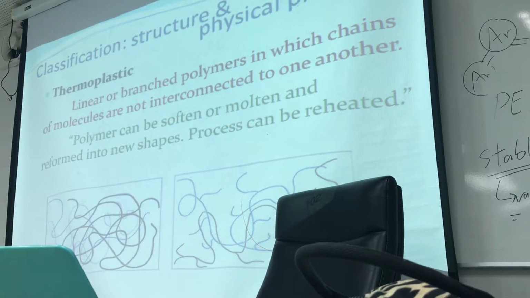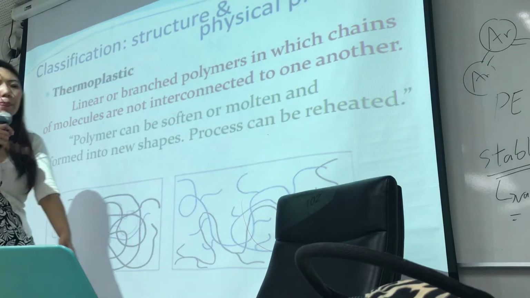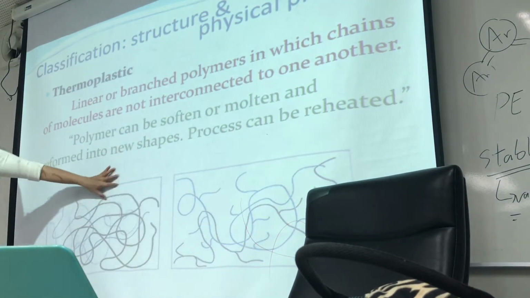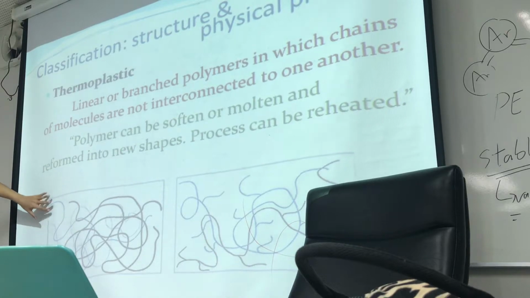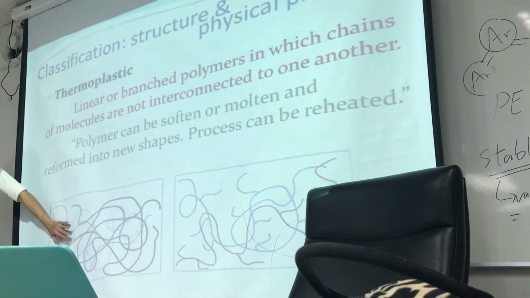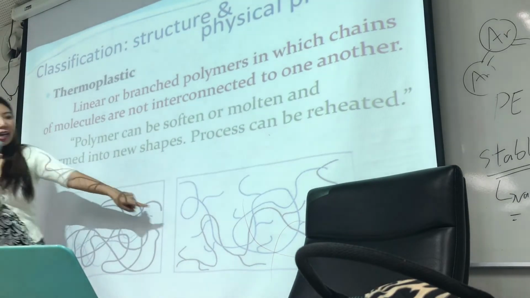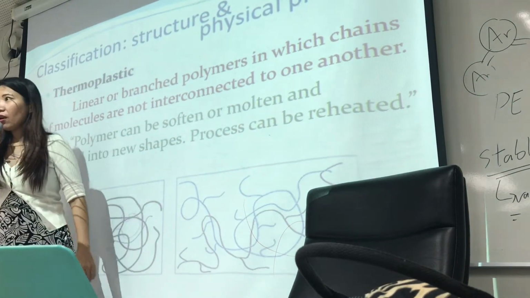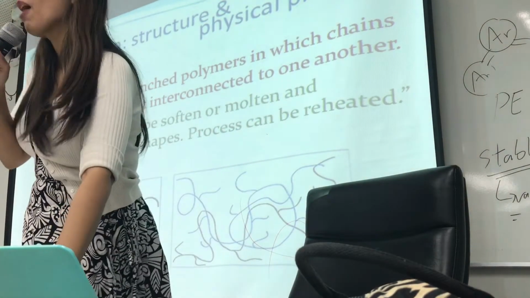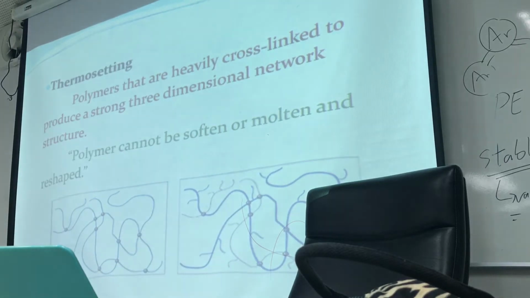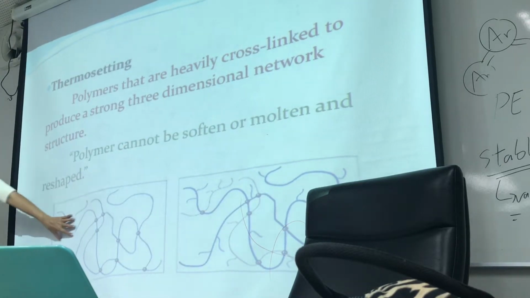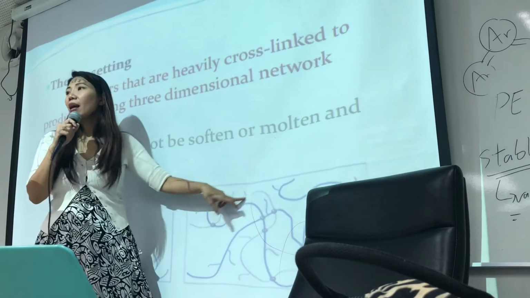Let's take a look right here. In this case, thermoplastic can be linear, and here is branched. So, how about thermoset? Thermoset can be linear and it can be branched.